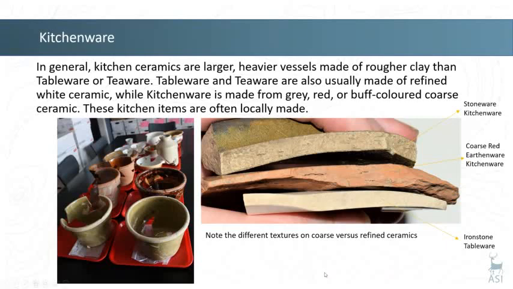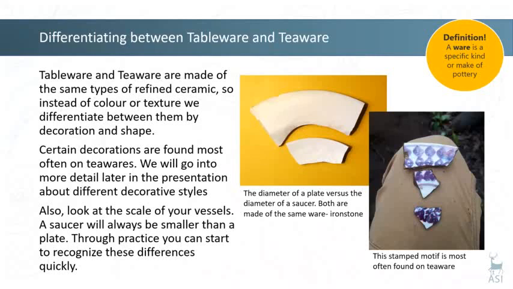Come on, it's being obstinate. There we go. Excellent. So tableware and teaware are made out of the same type of ceramic. So instead of texture and color, we're going to be looking at decoration and shape. There are certain types of decoration that are almost always found on teawares.